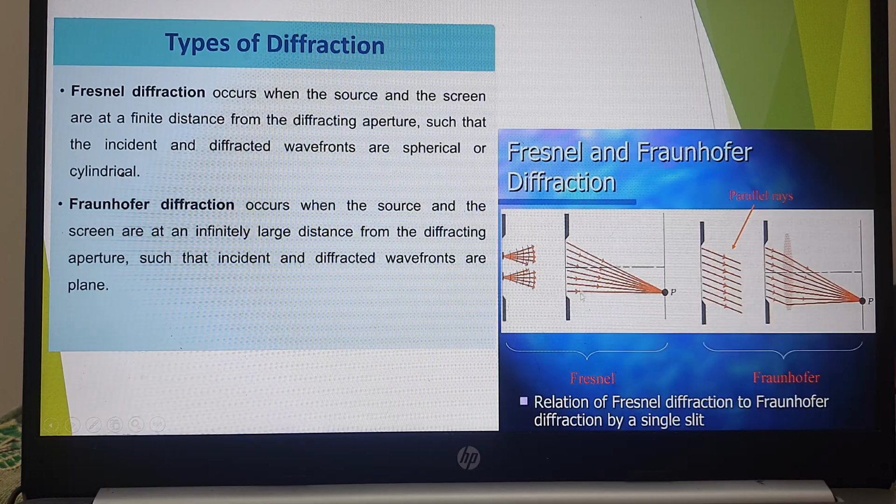If you observe the diagram here, the distances are finite and the wavefronts are either spherical or cylindrical.